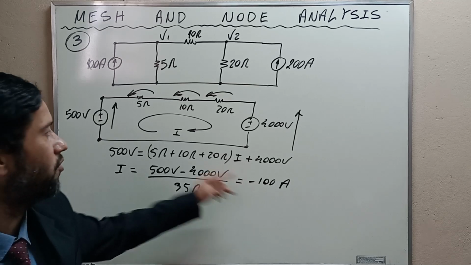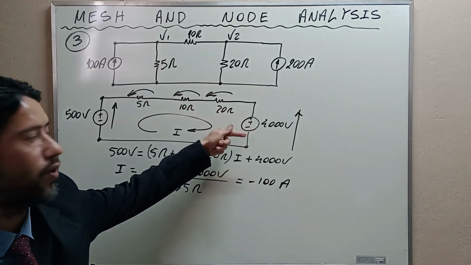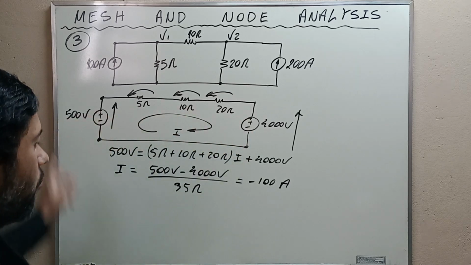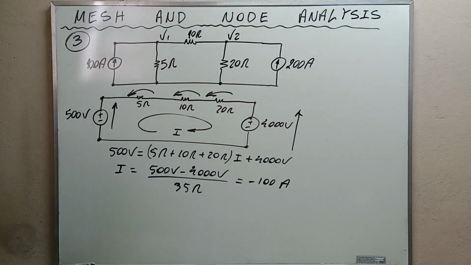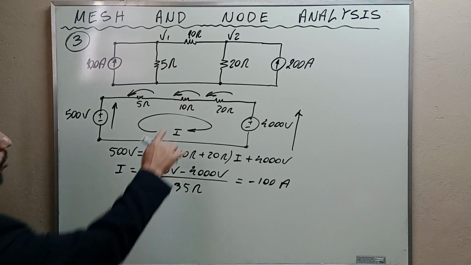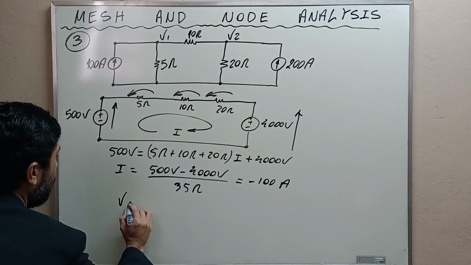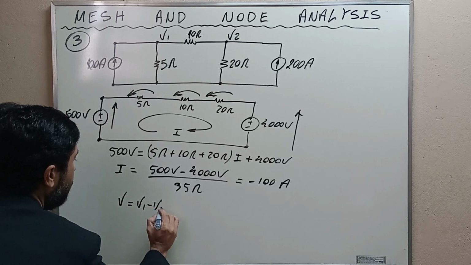It simply means that the current is not flowing from left to right. Actually, it is flowing from right to left. Okay, my friends? Subsequently, we calculated the voltage drop. And to calculate the voltage drop, we simply multiply V, which is V1 minus V2.